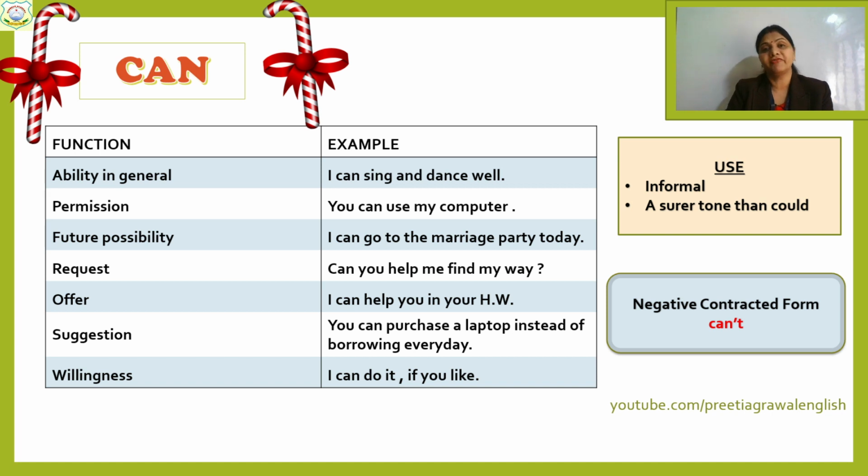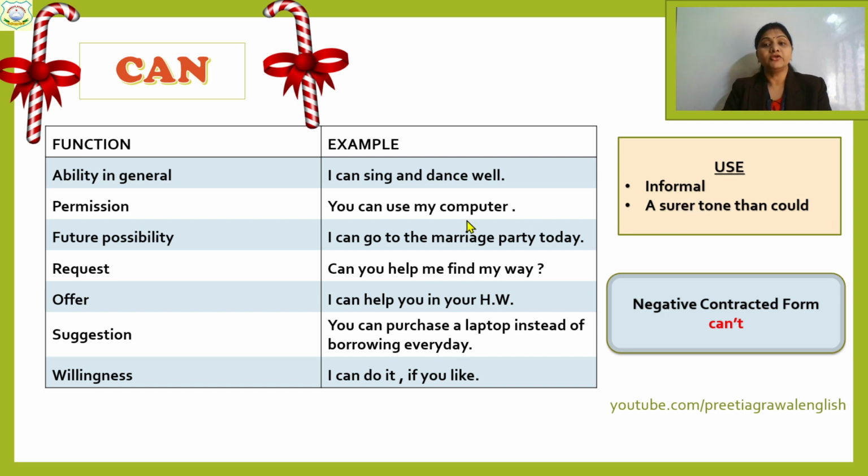That can be our friends, our relatives, our mother, father. We are informal to them. So this modal can be used for permission when we are giving permission to our friends, relatives, or mother or father. The use is informal.